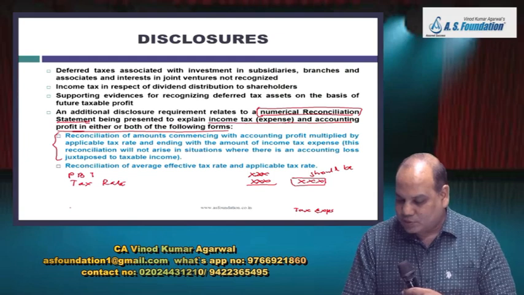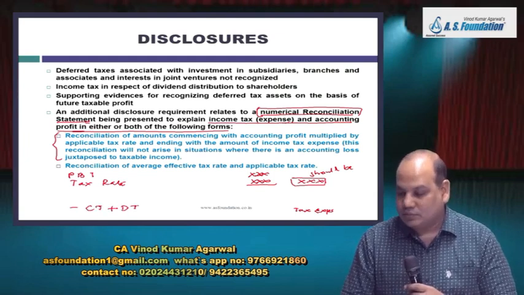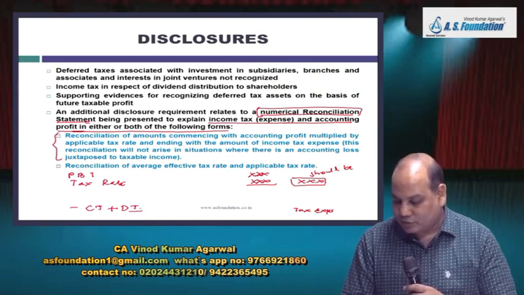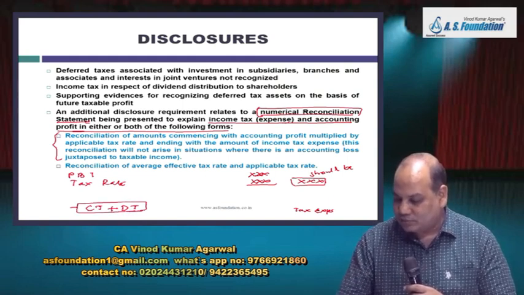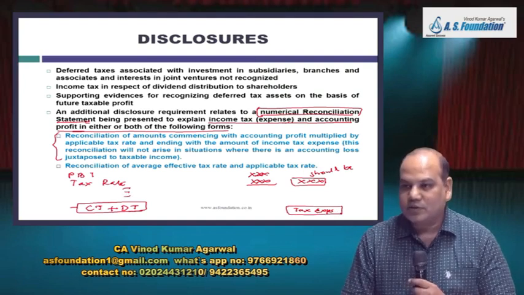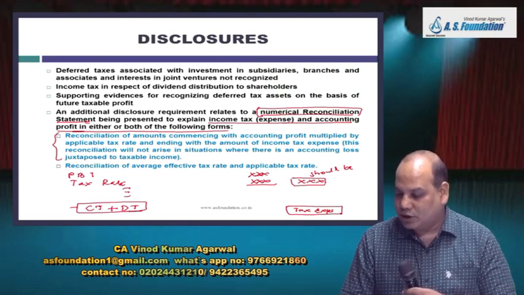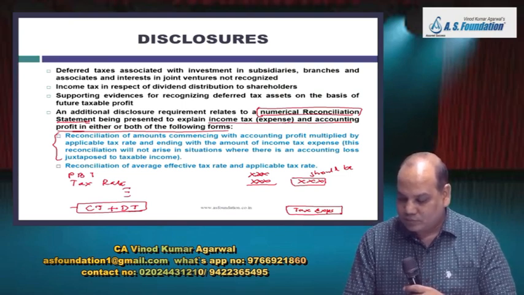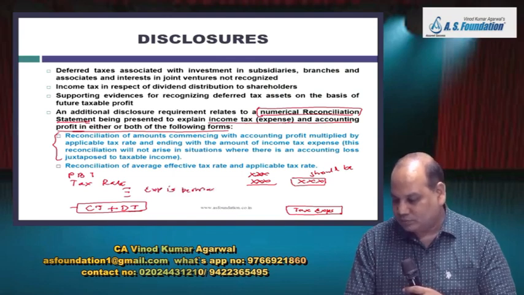Actual tax expense means current tax plus deferred tax that you have recognized. Theoretically, it should tally. If it doesn't tally, that means there is a reason for some difference. The reason for the difference could be, suppose an expense is permanently disallowed.